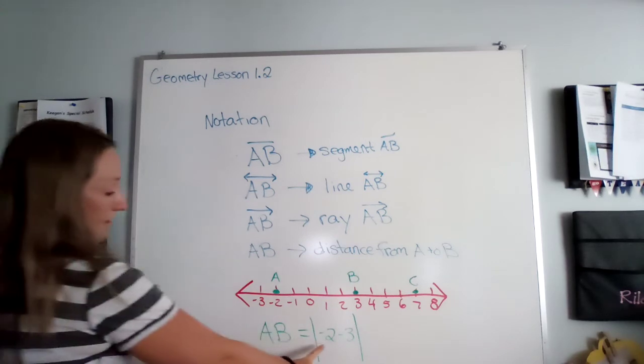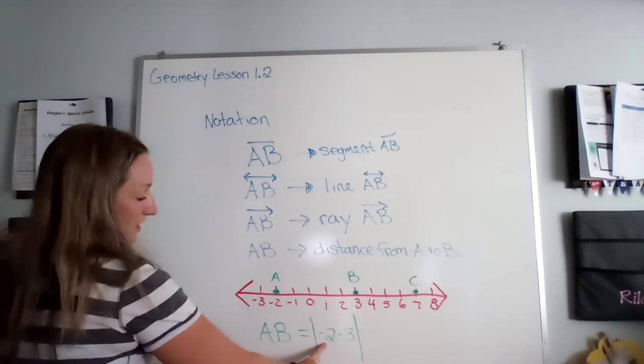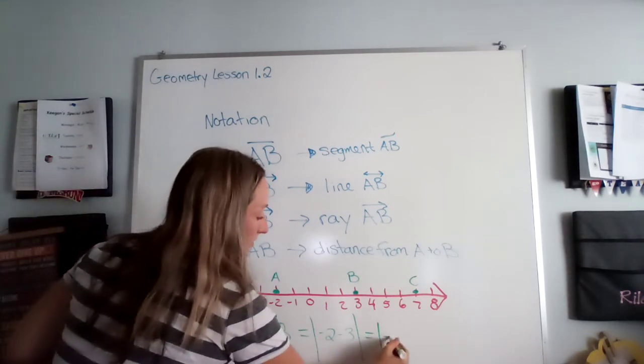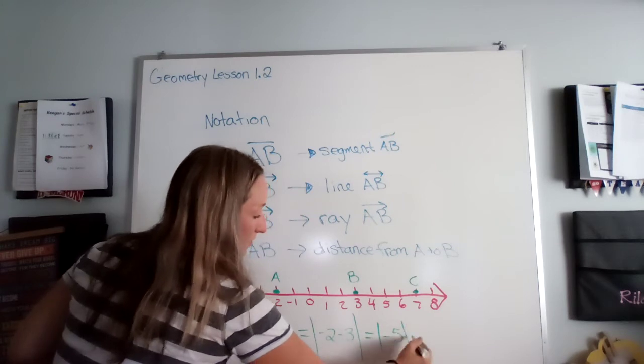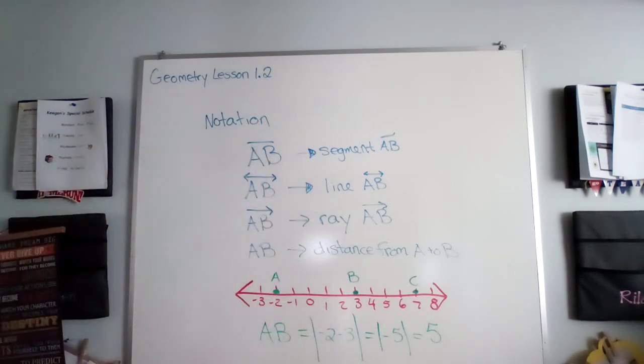So do your math, -2 minus 3, same change. All right, so it's -2 plus -3. That's going to be a -5. And the absolute value of -5 is 5. Okay, so the distance from point A to point B is 5 units.